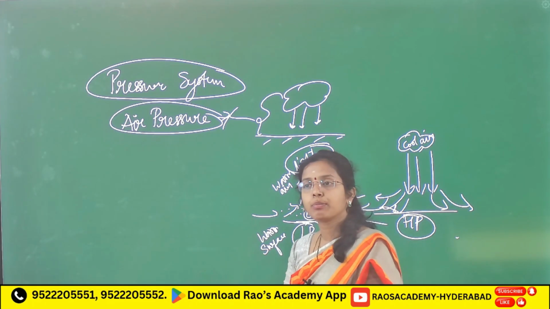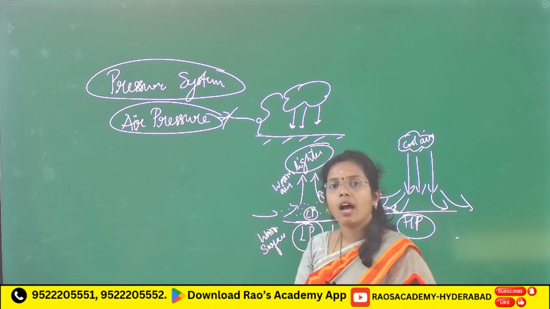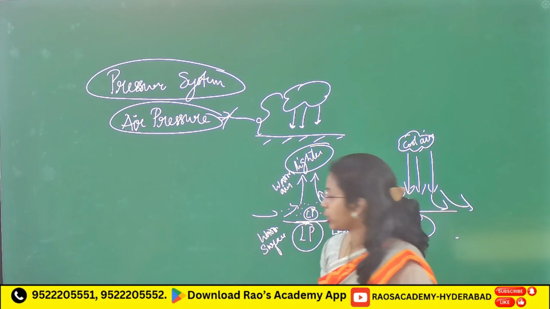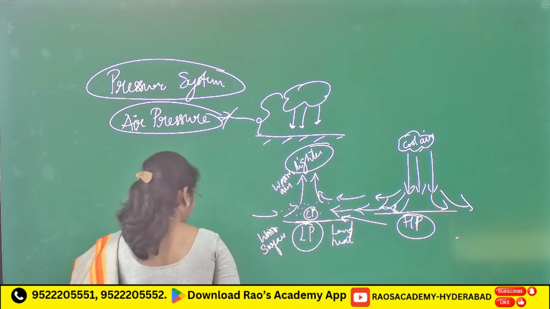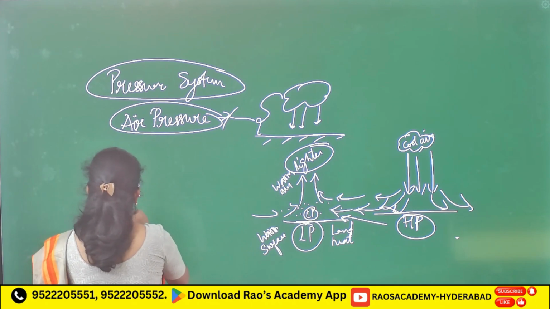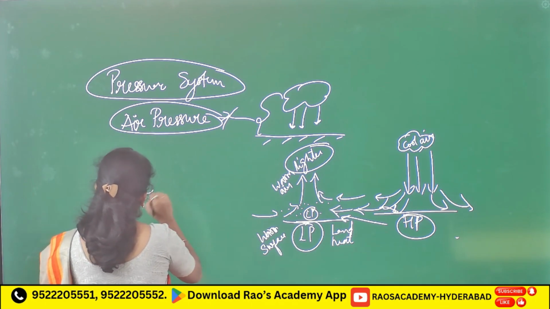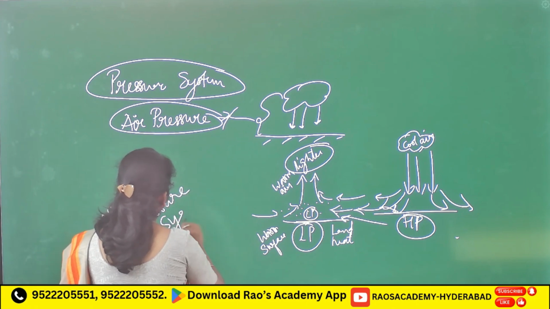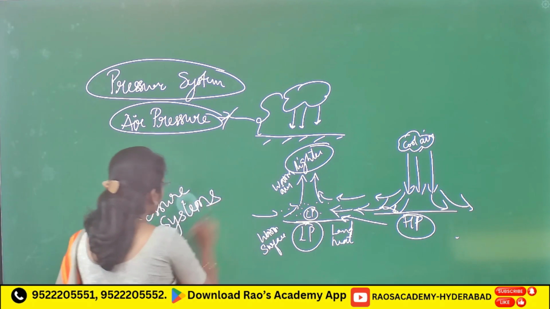When sea is warmer than land, on sea you will see low pressure, and on land you will see high pressure. That reversal, or alternate pressure systems, is the key of Indian climate.